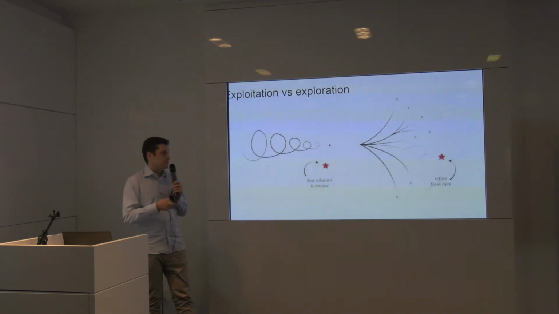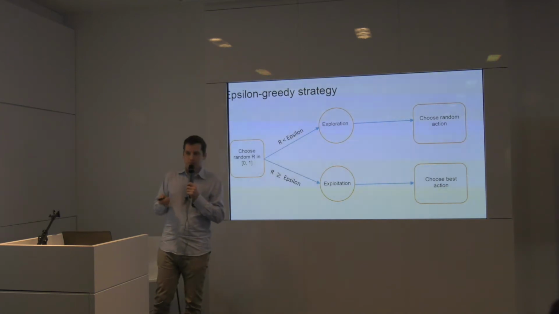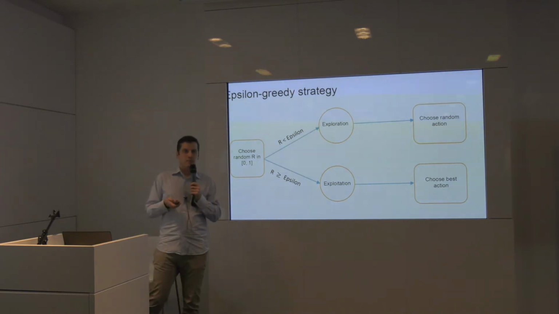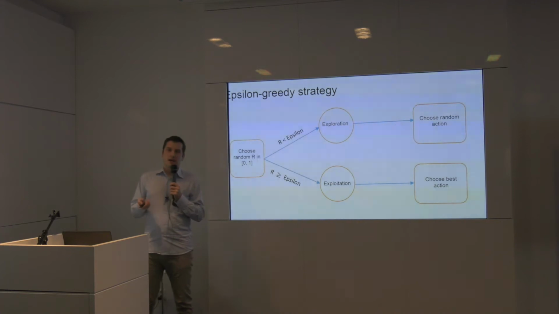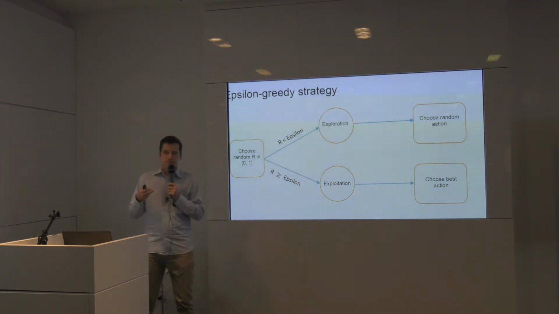So these are two spectrums of the problem. And of course, there's something in between. The most basic in-between technique is called the epsilon greedy strategy, where with probability epsilon, you choose an action at random. And with 1 minus epsilon, you just exploit the current best strategy.